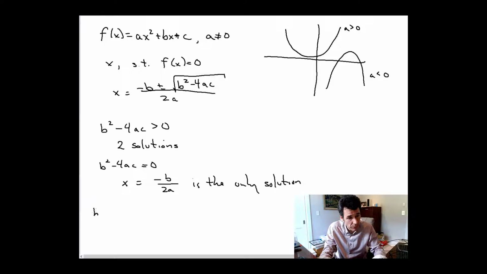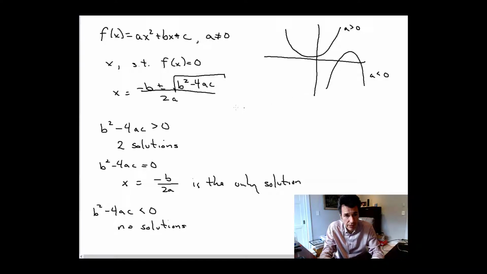And then b squared minus 4ac is less than 0 means there are no solutions. And so if I look up at my picture that I've drawn up here, this graph here at the top, b squared minus 4ac must be less than 0. There's no place where the function is equal to 0. And then here, b squared minus 4ac must be bigger than 0 because there are two possible solutions.